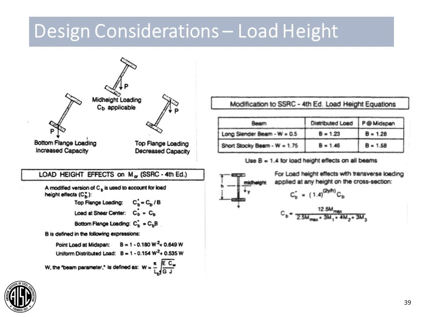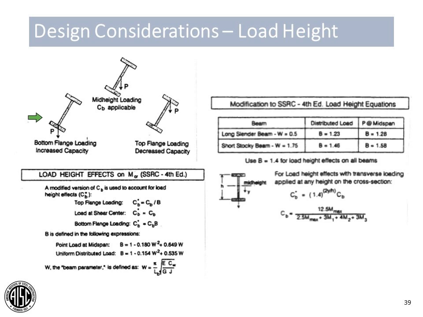The Structural Stability Research Council has come up with guidelines on how to incorporate this into your design. You can see at the top here, this is the general loading application assumption. As you have top-loaded members, this vertical force, as the top of your member begins to deflect, creates a rotational moment leading to an increased ease of buckling.